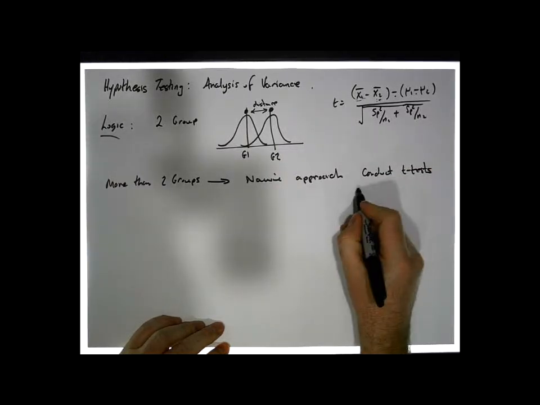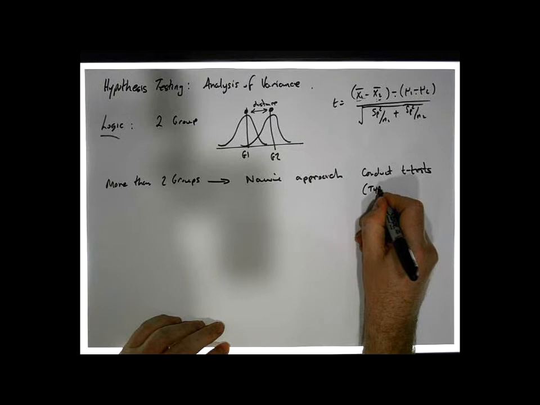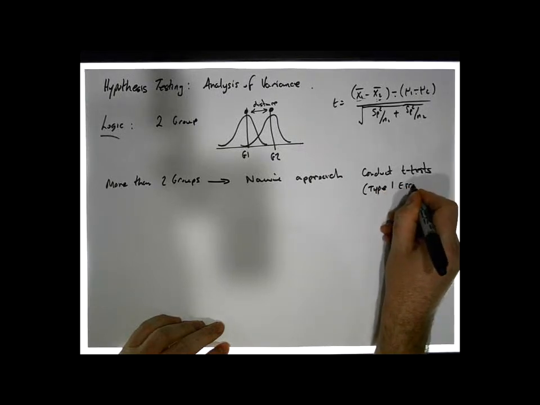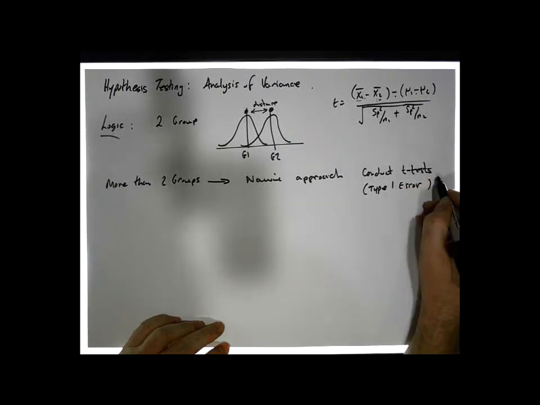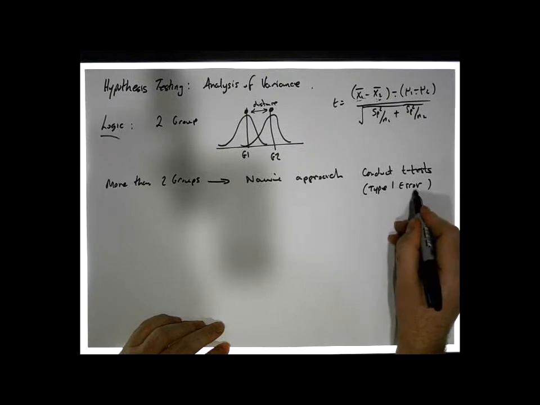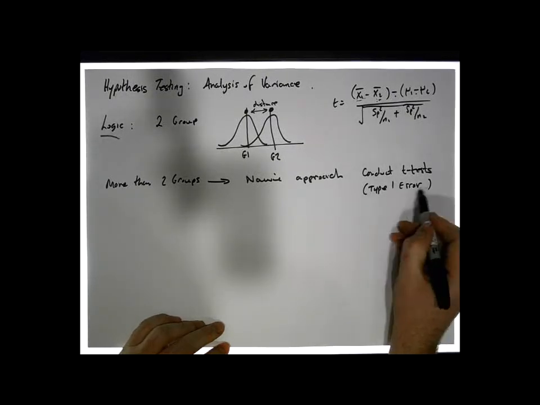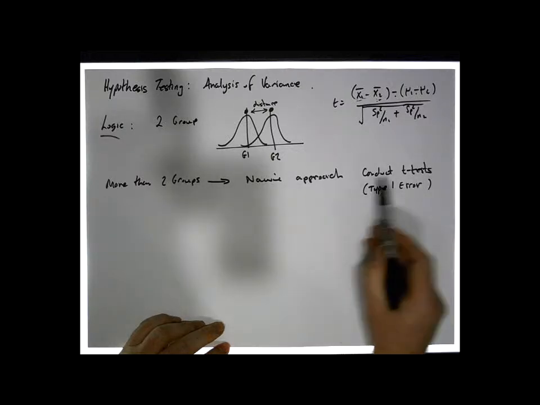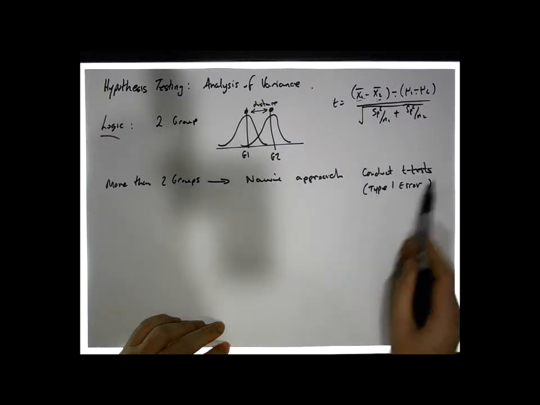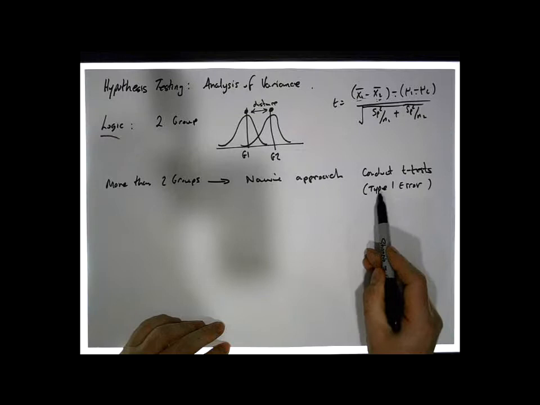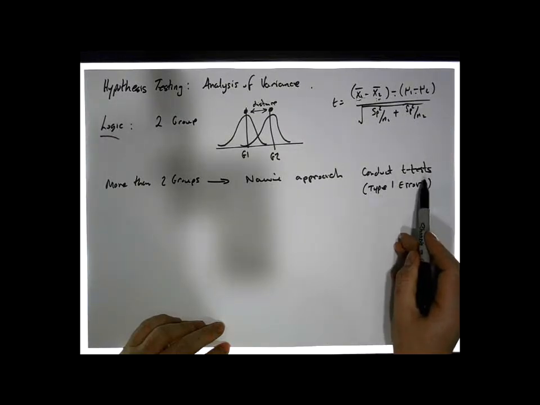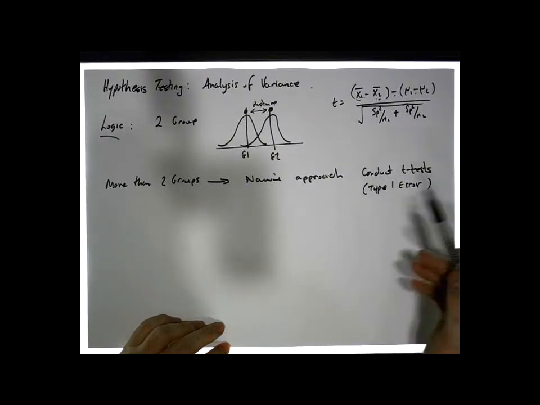But remember that every t-test has a type 1 error rate. Every time you conduct a t-test, there's a probability of committing a type 1 error, and the more t-tests you undertake, that error is going to explode. I'm going to look at that later so we can visualize what the error is and why t-testing different groups won't work.